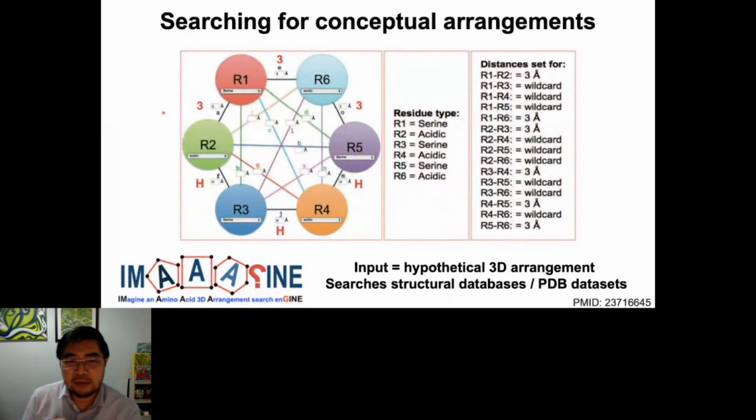And you can then search whether there are other protein structures that contain such an arrangement. This is much looser than having a rigid query where you know exactly what you're searching for.